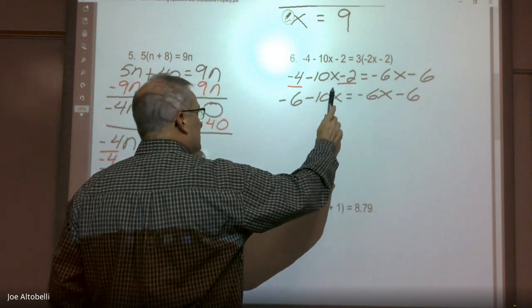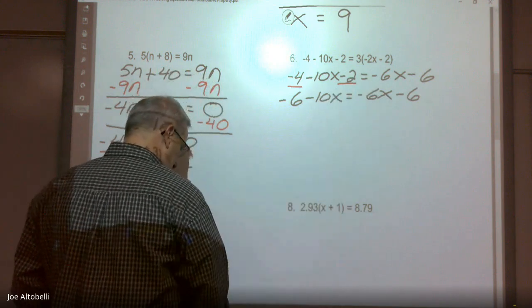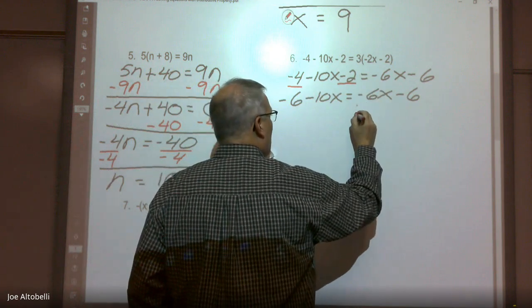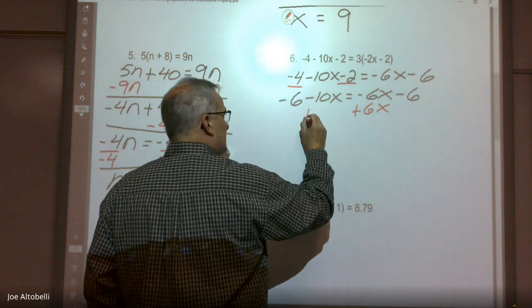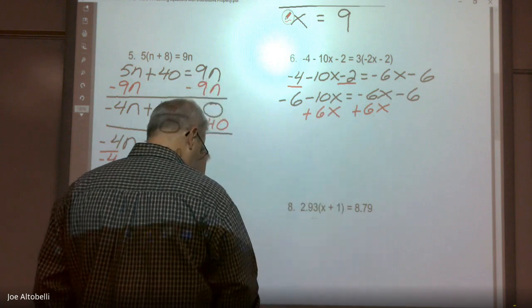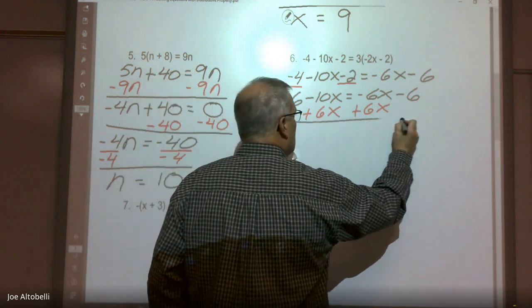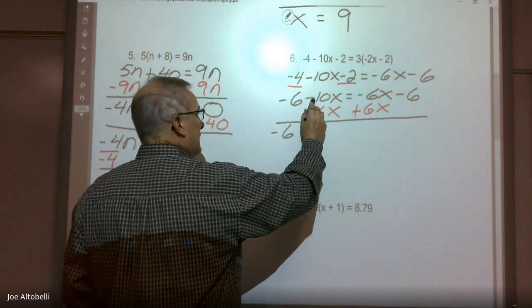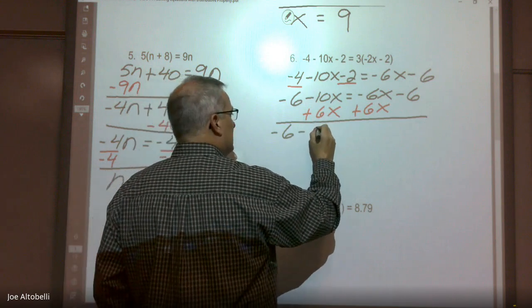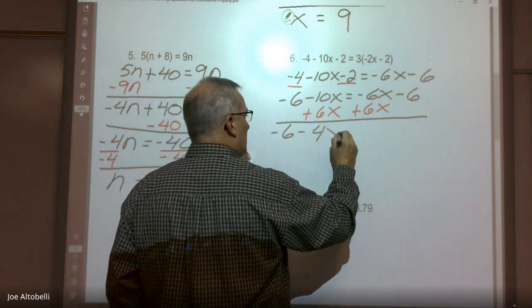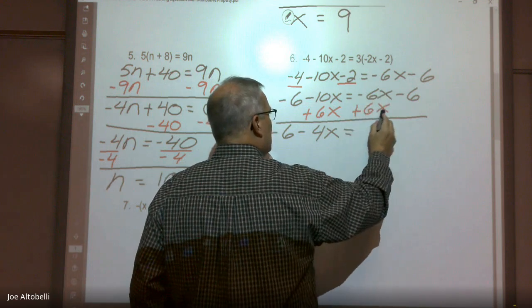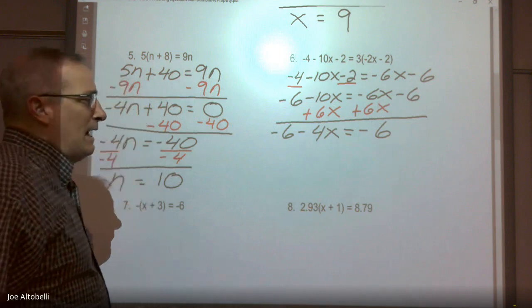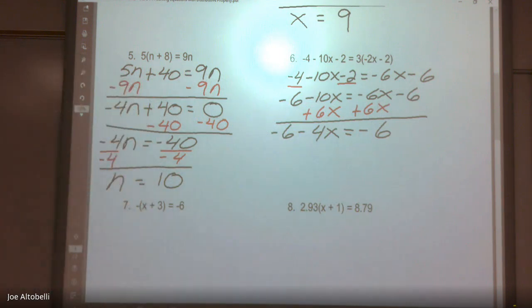I have variables on both sides. I'm going to get rid of the one on the right. To get this to be 0, I have to add 6x. I still have my negative 6, and negative 10 plus 6 is negative 4, or minus 4x, equals, and then 0 minus 6 is minus 6. I now have a two-step equation.